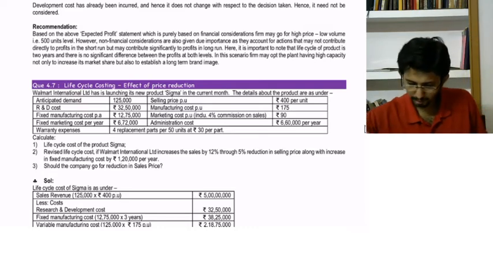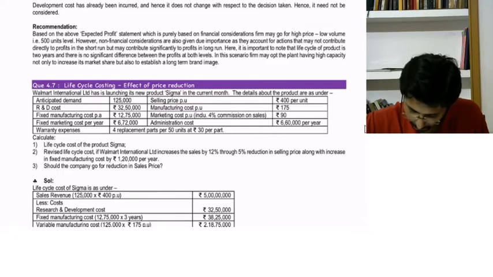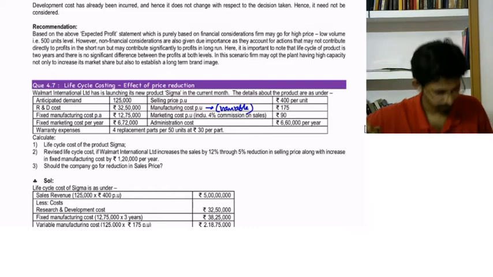Here you can make one small change. Against the manufacturing cost per unit, you can write variable.